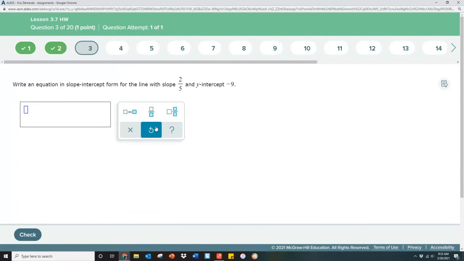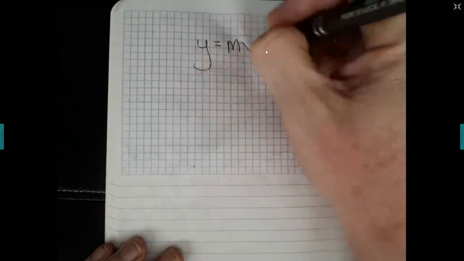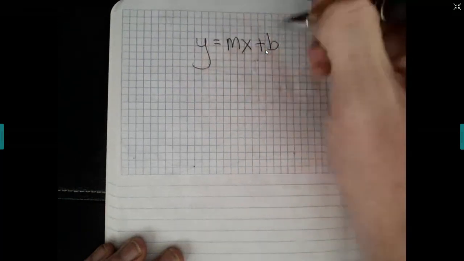Now it says write an equation in slope-intercept form of a line with slope 2/5 and y-intercept -9. All slope-intercept form is, is this formula: y = mx + b.